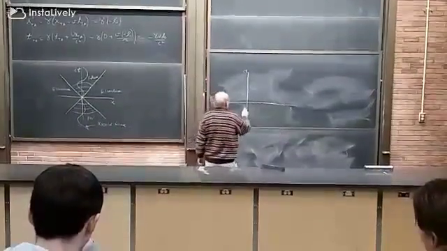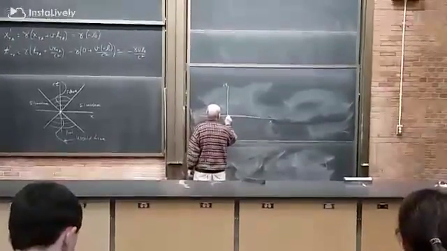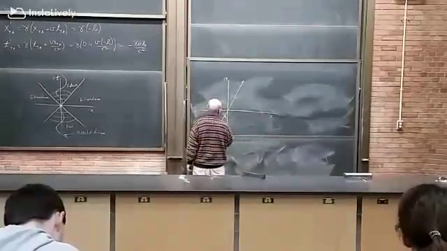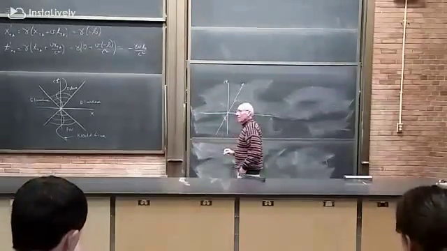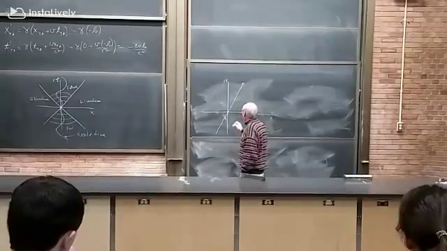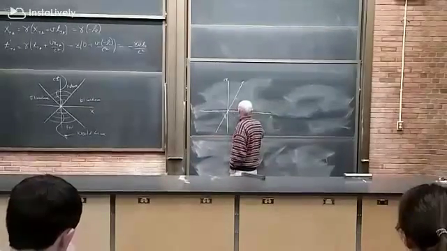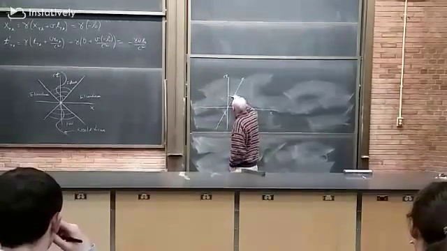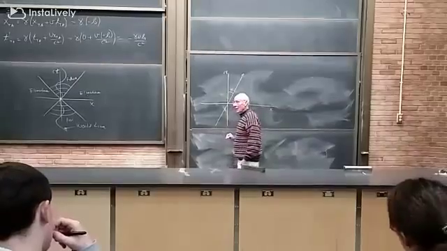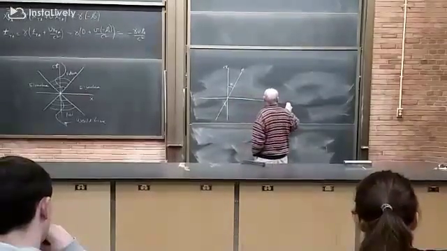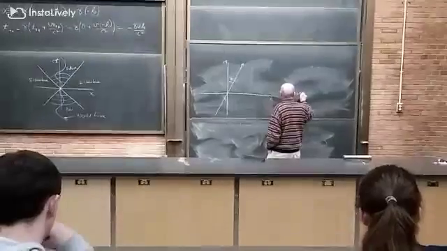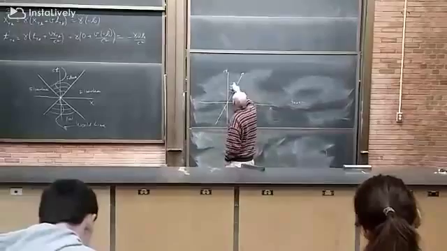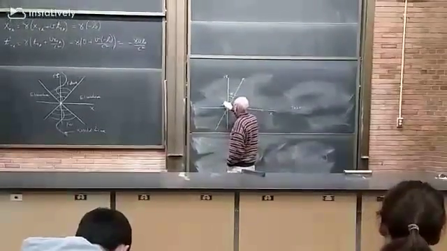Now, the new system S prime is moving down the positive x-axis with speed v, which is a constant. That means it's just a trajectory in this plane where this angle, theta, has the tangent of theta equal to this distance divided by this distance.